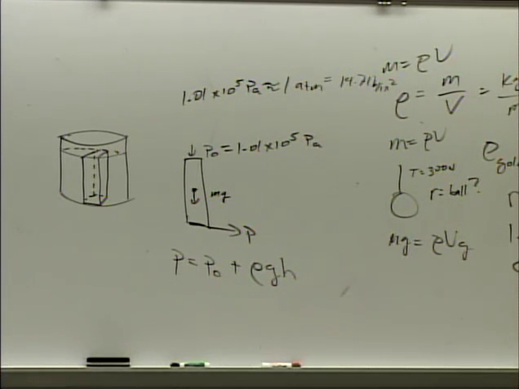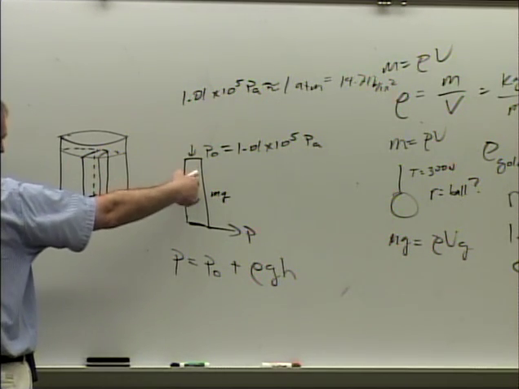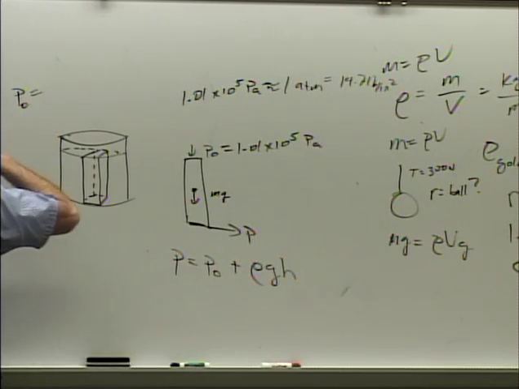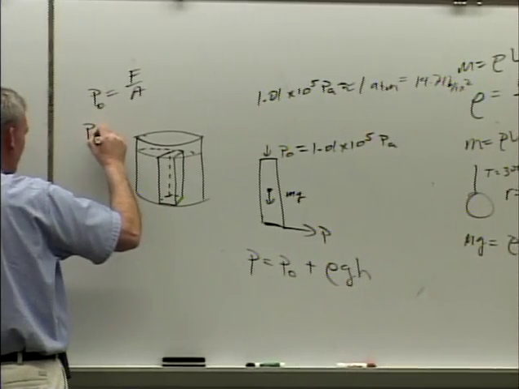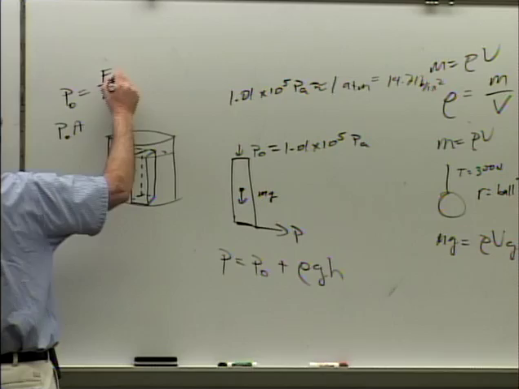That worked. But in semesters before, I've done it by using the free body diagram. You've got two forces here. P0 is equal to the force over A, so you've got P0 times A. That's the force at the top.